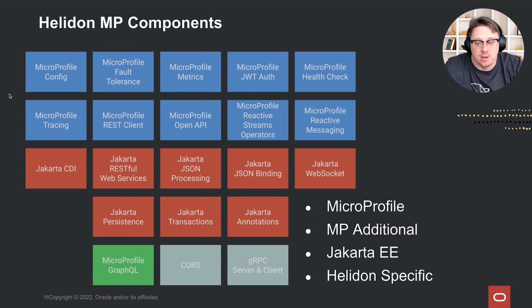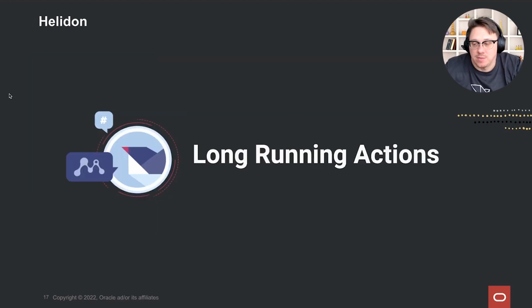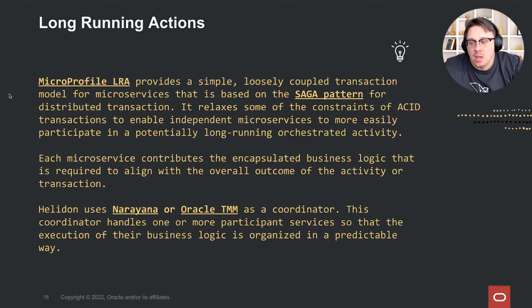So you also have it out of the box, and just by using Helidon, you are fully prepared to live in this cloud microservices world. But there is another specification which is very important for us, and now with the release of 2.4 of Helidon, we fully support it. This specification is called MicroProfile LRA, or Long Running Actions.